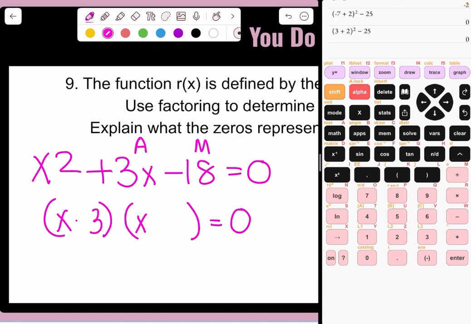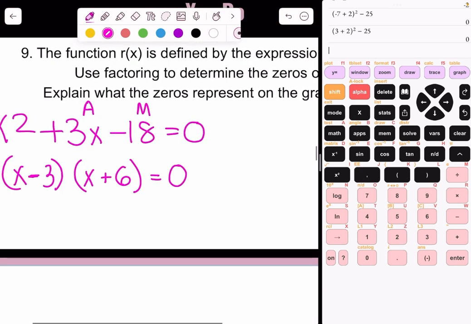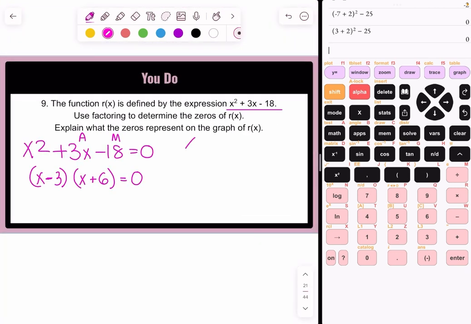A negative 3 and a positive 6. All right, now we're going to set each of these equations equal to 0. X minus 3 equals 0. Add 3 to both sides. Hopefully by now you realize whatever is in the parentheses, as long as it's a one-step equation, you're just having the opposite number. So x plus 6 equals 0. Instead of having a positive 6, it's going to end up being a negative 6 when you subtract.